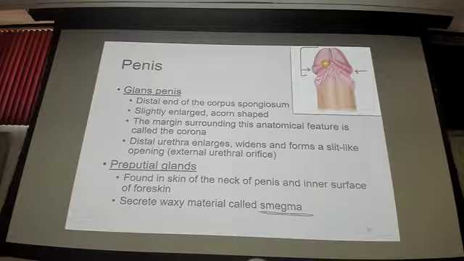Smegma has a physiologic function of lubrication of the tissue, but in a patient that is uncircumcised and maybe has not the best personal hygiene, it can also serve as a breeding ground for bacteria and fungi, right? So you guys know, where do fungi, yeast like to grow? Warm, dark, moist places. And that's exactly what it is under the foreskin if your patient doesn't have good, meticulous personal hygiene.